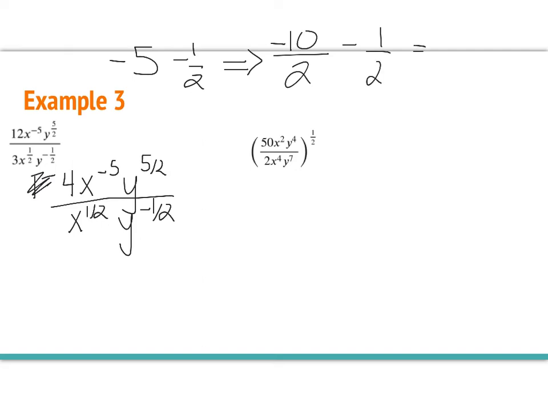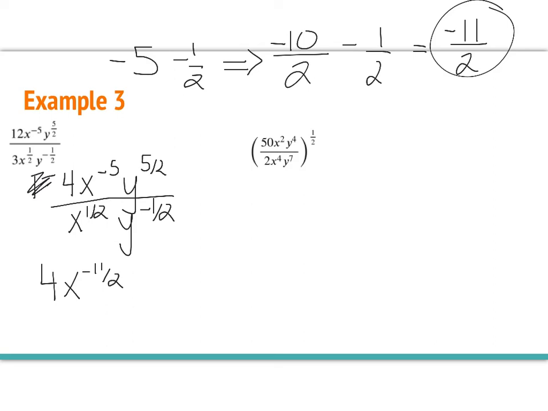That leaves us with negative 10 take away 1 is negative 11 over 2. That'll be our exponent for x. Again, because we had x to the negative 5, take away 1/2. So, x to the negative 11 over 2. Notice that my answer to our quotient rule, where we're subtracting, always goes on the top to begin with.